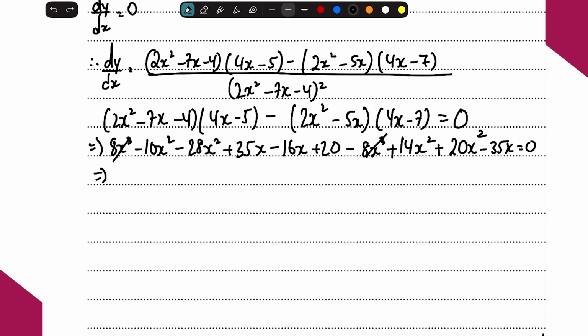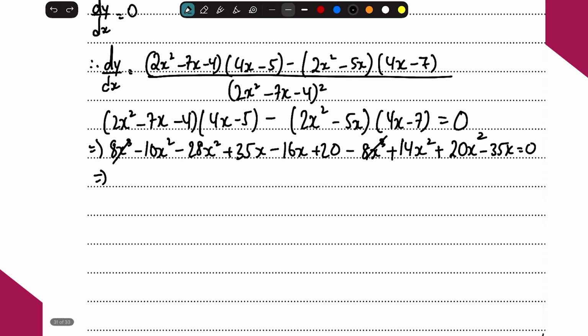And then we've got minus 10. Yeah, then we've got minus 28. That's a positive 16, and then 20. Right.